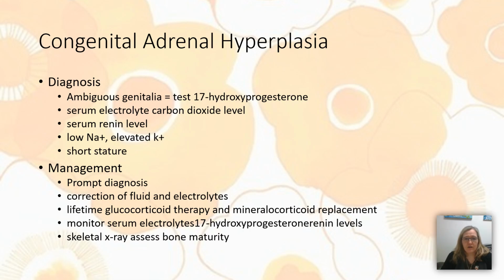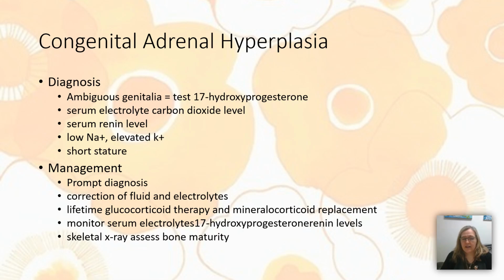And then as the child grows, we're constantly going to monitor the child's linear growth. Management of this is going to be prompt diagnosis, because some of the problems in the child in the previous picture, the 12-year-old, could have been prevented if they had been treated promptly. One of the most concerning things that could happen immediately that's life-threatening is the fluid and electrolyte imbalances.